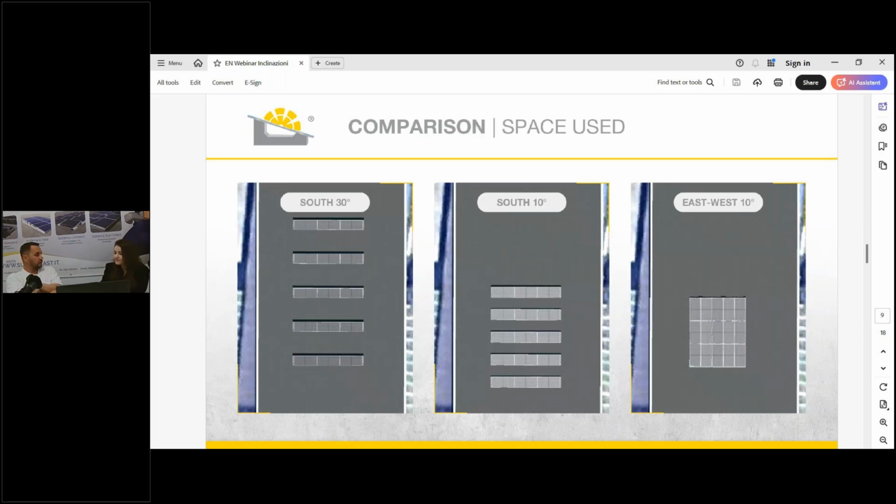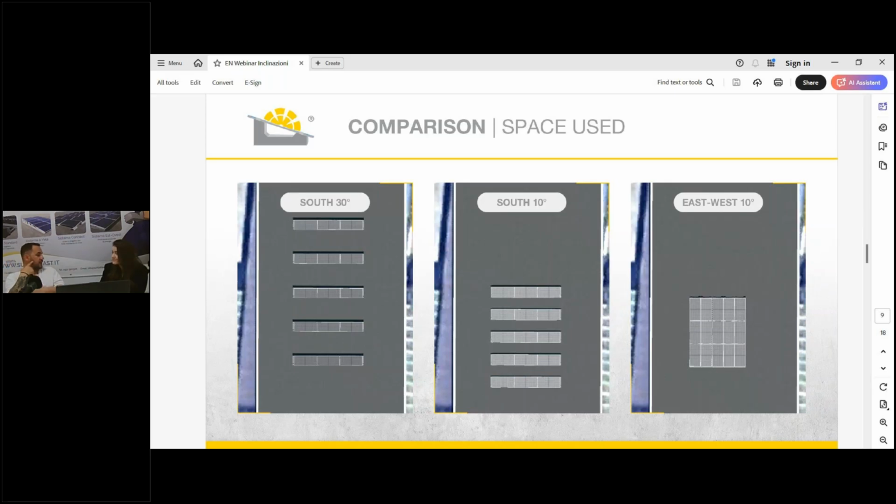So as you can see, the same roof, the same number of panels, different inclination, right? So with 30 degrees, we have occupied, let's say, almost 90% of the roof, where we do not have more space to put more. That means that if you want to place 30 degrees south, 15 panels, you're just fine. You don't add more. But if you want to add more, it's not possible, right?